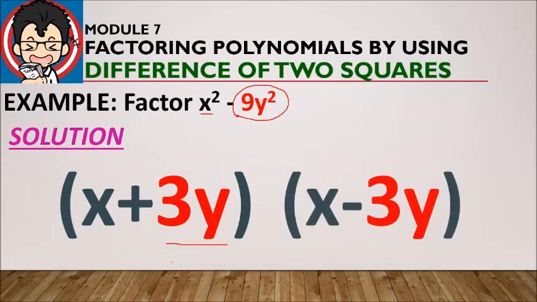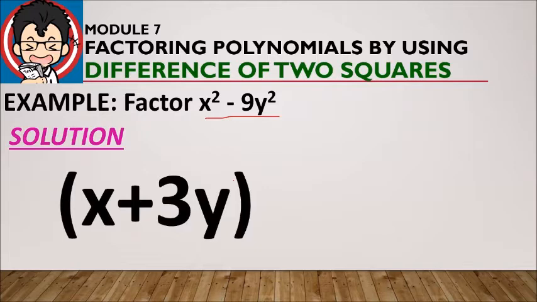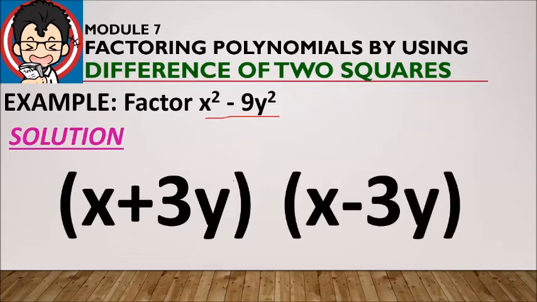And we will also do the same thing dun naman sa ating difference between two binomials. Okay? So finally, we have our final answer. Okay? The factors of x squared minus 9y squared is x plus 3y and x minus 3y.